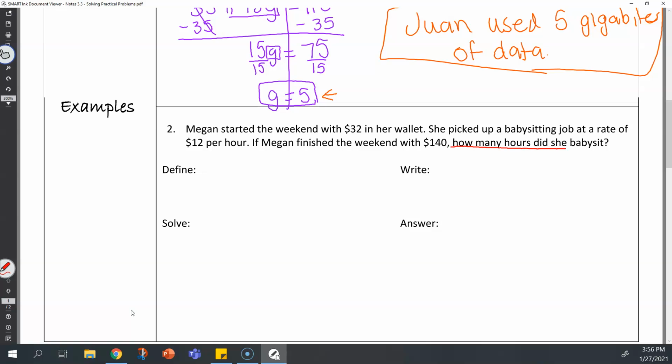How many hours did she babysit? So I'm looking for the number of hours. And that's what I'm going to use to figure out what my variable represents. I'm going to use H. You can use X or P or Q or whatever works for you. H represents the number of hours she babysat.